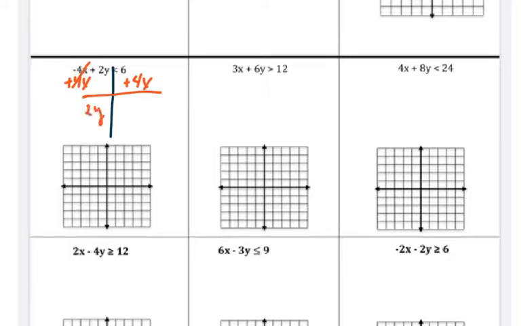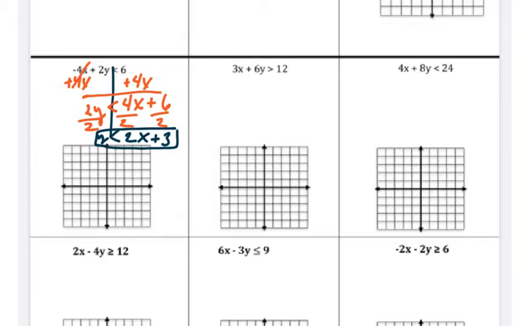That leaves me with 2y. Keep your symbol. Put your x term first and your constant or your number in the back. Get y by itself by dividing everything by 2. So your final answer is y is less than 2x plus 3. 4 divided by 2 is 2, and 6 divided by 2 is 3.